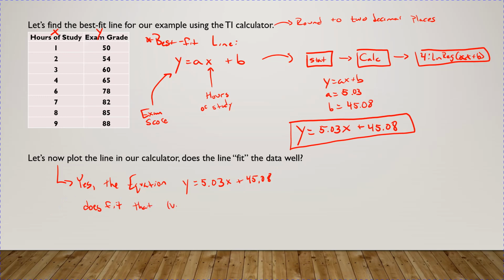I'm going to say very well. Awesome. That's great. Now watch what we're going to do. We're going to use it to make some projections, okay?